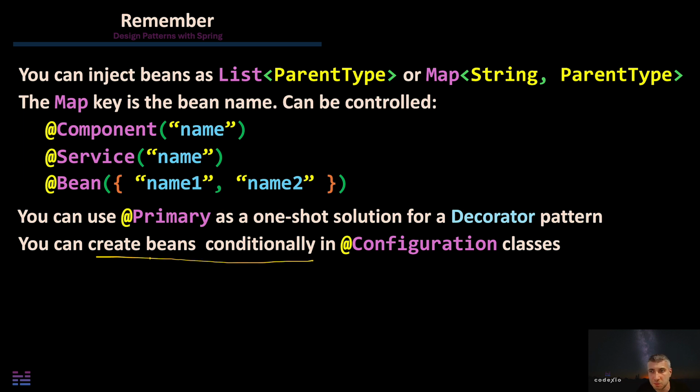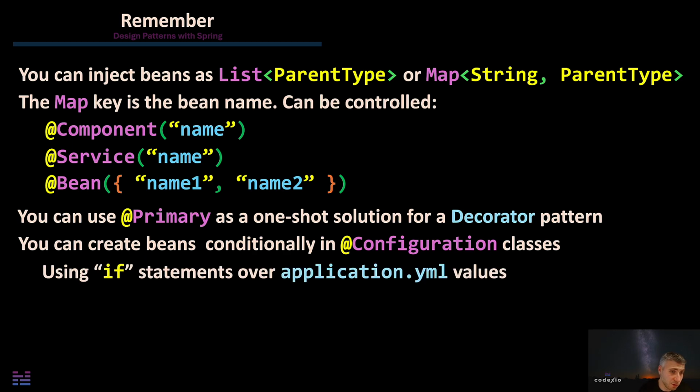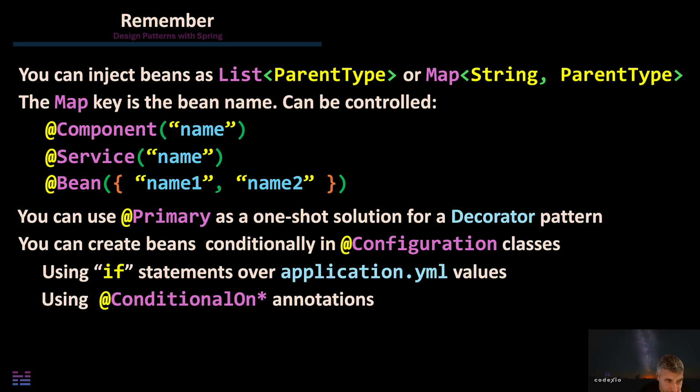There are some strategies to do it. Of course, you can use an if statement. You can say, okay, if something is present in my application YAML, I will return bean1, otherwise I will return bean2 or nothing, for instance. I can use conditional on, like conditional on missing bean, conditional on configuration property, and so on and so forth.